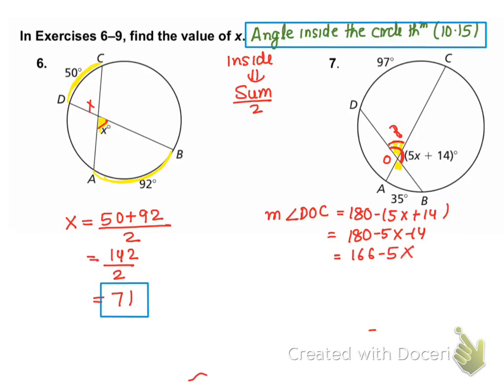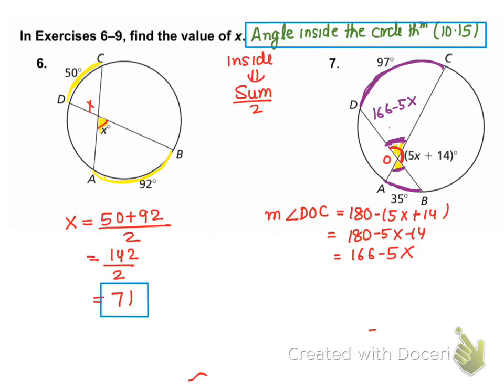So now I know this value, the one we are looking for, is 166 minus 5x. No matter which one they give you, it's the same, because these two are vertical angles, and for that we have to have the intercepted arc, intersecting inside. So this is the intercepted arc.